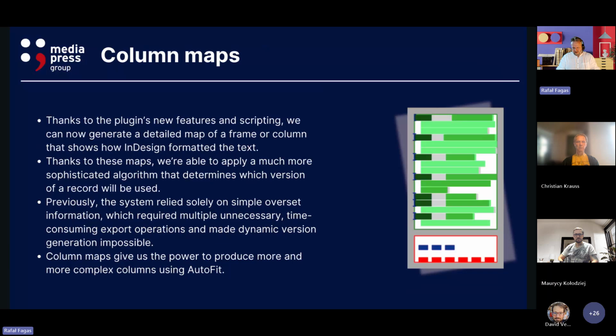These column maps are an especially interesting feature. It also took us quite a little time to implement, because this is not available out of the box from InDesign. And as I mentioned previously, the layout of these columns tends to be very sophisticated. There's a lot of inner detail in these columns.